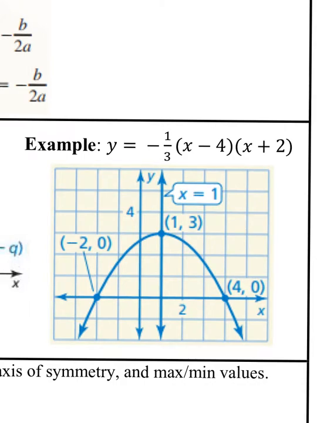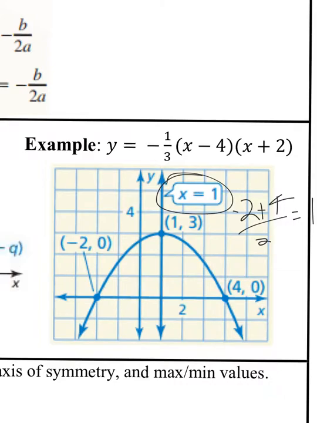Do your p plus q over 2. So what is negative 2 plus 4 over 2 equal? That equals 1. Why am I pointing that out? Because that's what the axis of symmetry is: 1.